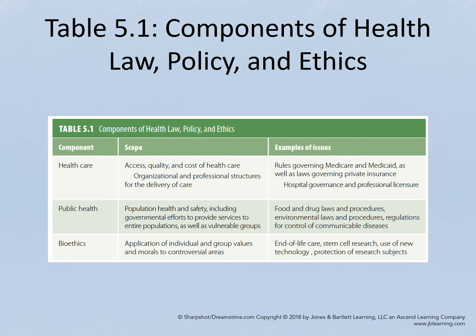Some examples include rules regarding Medicare or Medicaid. How about private insurance? What is ACA? And it also deals with hospital governance and the professional licensure. What are the requirements to be a registered nurse or a social worker or a physician in a particular state? The licensure requirements vary from state to state.